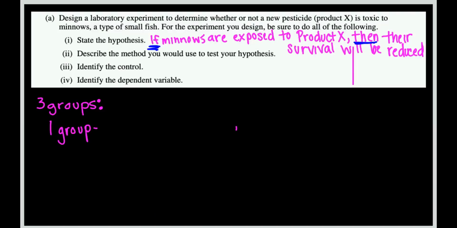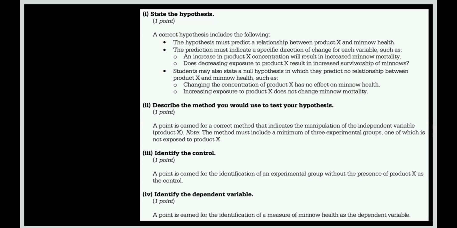This is taking us backwards. Okay, here we go. So this is the rubric for that FRQ, and you can see that the hypothesis must predict a relationship between product X and minnow health. So this is what the AP graders looked at when they graded this FRQ.